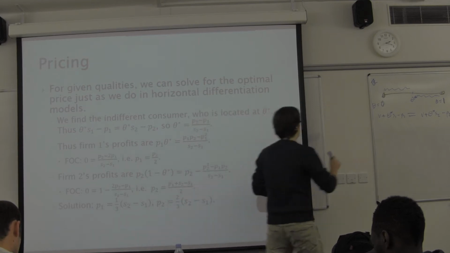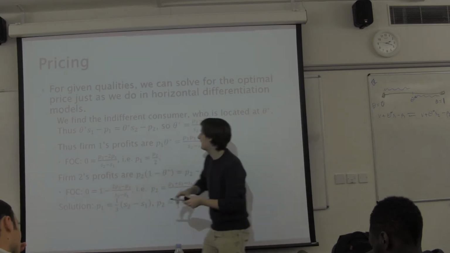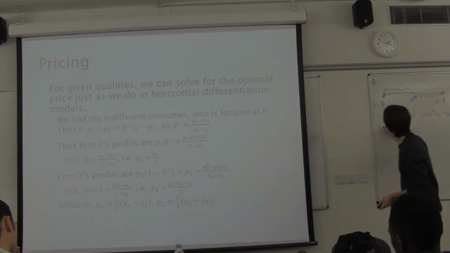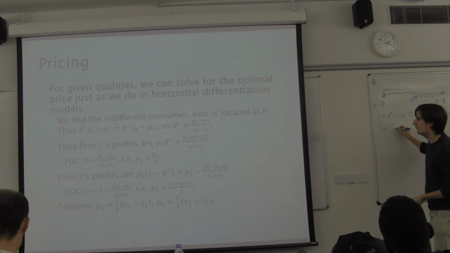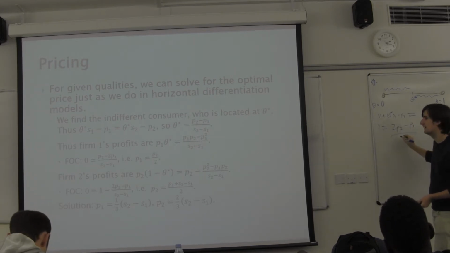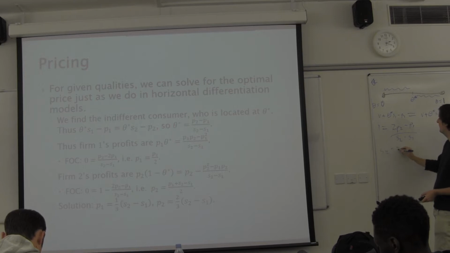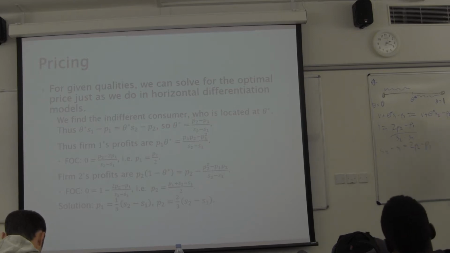So let me write this down. If you add this bit to both sides, you get 1 is equal to 2P2 minus P1 over S2 minus S1. And then if you multiply both sides by S2 minus S1, you get S2 minus S1 is equal to 2P2 minus P1.